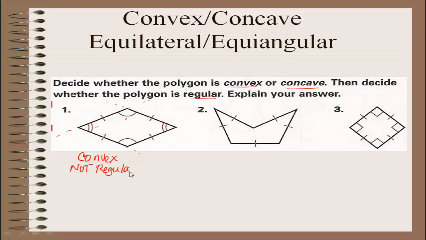Okay? But if I wanted to classify this, I could go ahead and do that even though it doesn't ask you to. We're going to do it just for practice. This is a 4-sided polygon. It's a quadrilateral. All sides are congruent, okay, I can say this is a convex equiangular, equilateral, because the sides are congruent, equilateral quadrilateral.